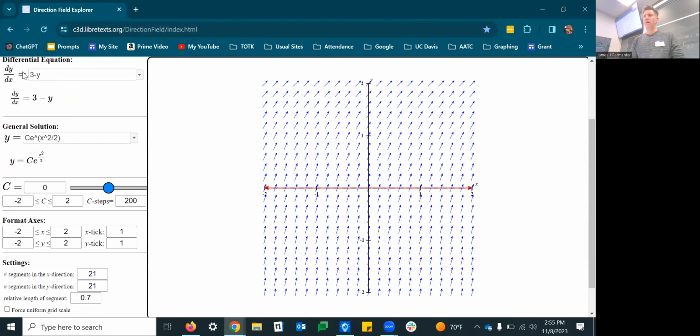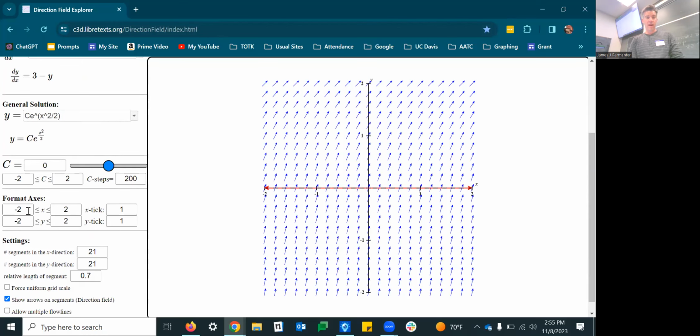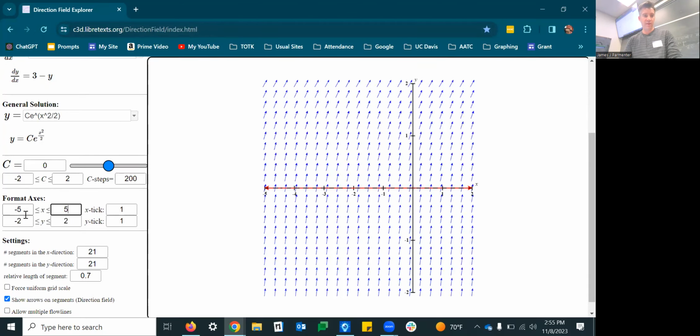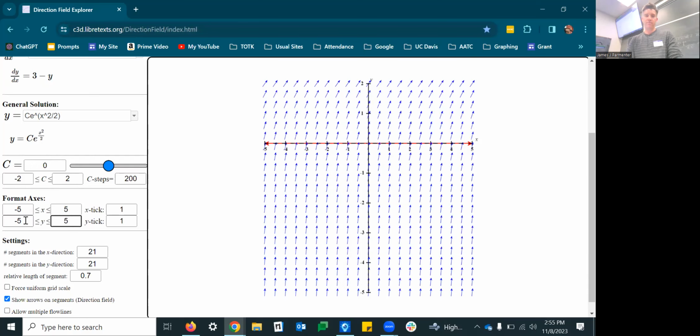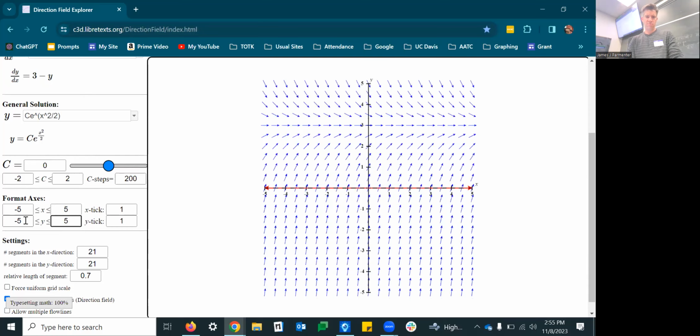I don't see my equilibrium line at all because I didn't change my field of view, right? So to make this nicer, we should go back and change the axes to be a little bit more spacious, like -5 to 5 and -5 to 5. There we go. Now I can see there's my y equals 3 equilibrium.